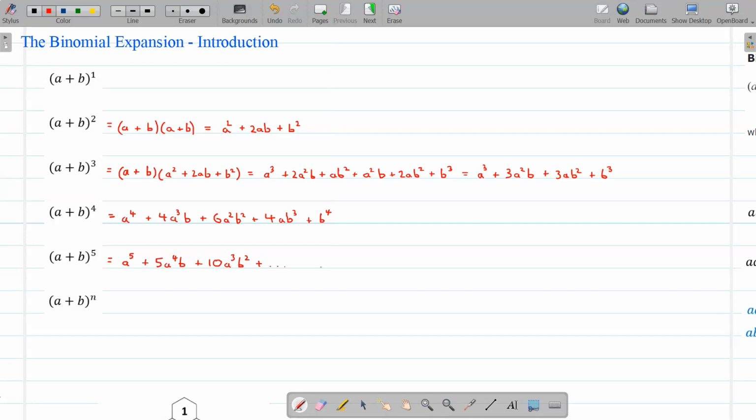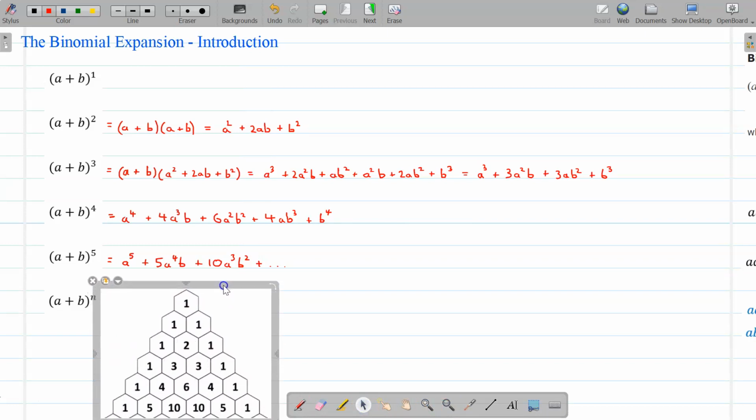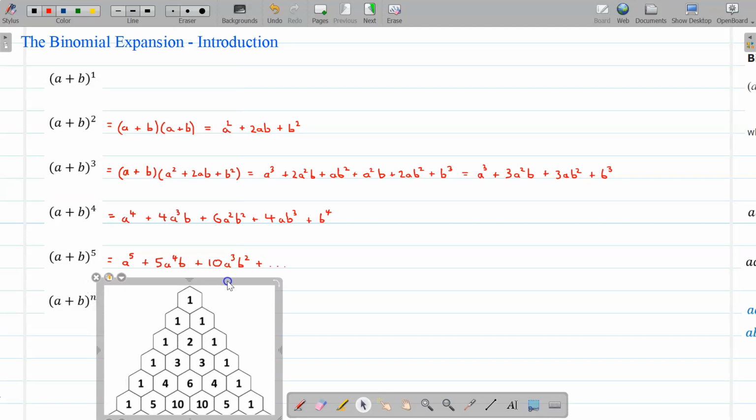So the key thing here is that we're getting these numbers that seem to form some kind of pattern and are predictable. And I'll show you where they come from. If I bring this up here, you've probably seen this before. This is called Pascal's triangle.